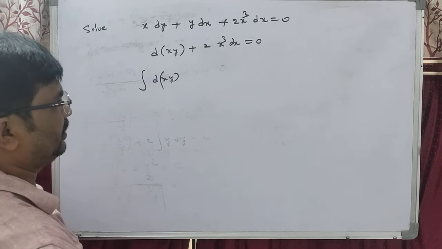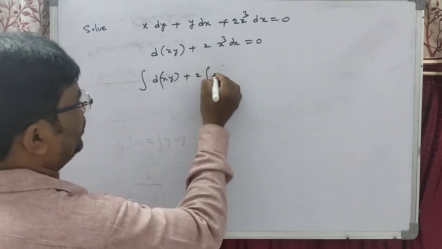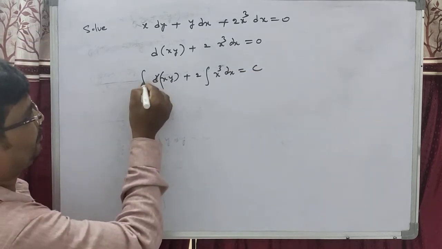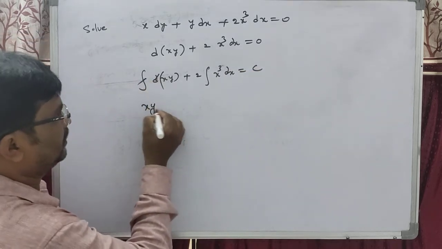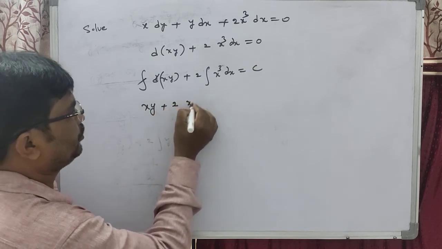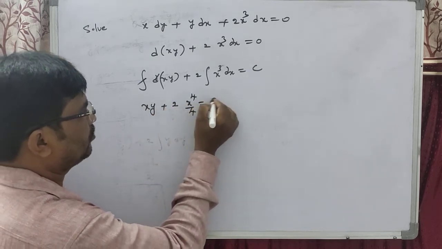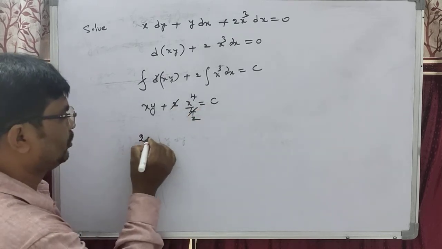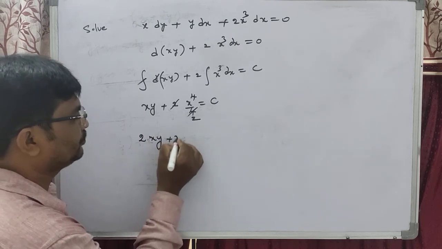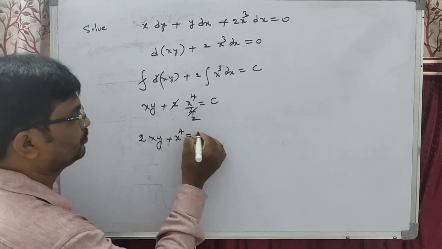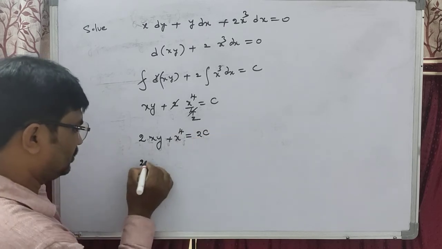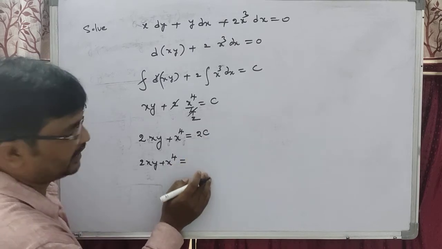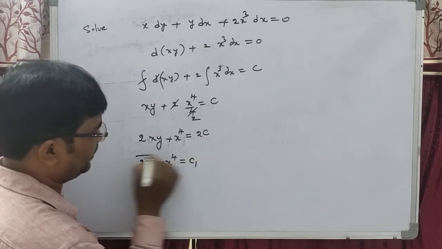The derivative of xy, plus 2 into the integral of x cube dx equal to c. Now the derivative and integral cancel: xy plus 2 into x power 4 by 4 equal to c. Now this is 2xy plus x power 4. The LCM gives 2c, the constant k. You can write c1 or k, whatever it may be.